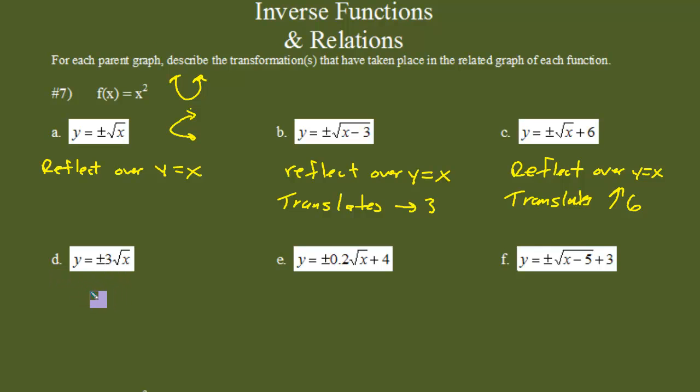D, a couple of things happening here. Please recall that if you have stretches, shrinks, which are called dilations, and you have reflections, shrinking and stretching happens first, dilations first, reflections second. So D, we would say this is stretched vertically by 3.